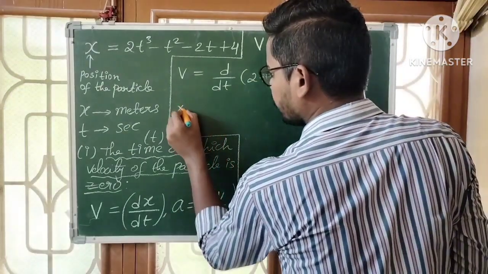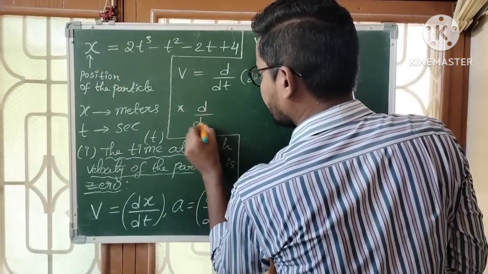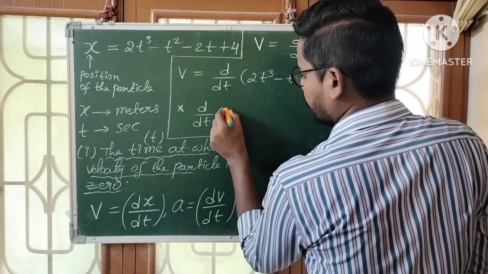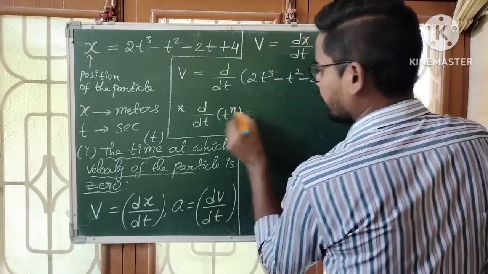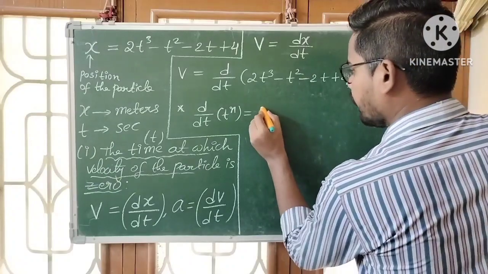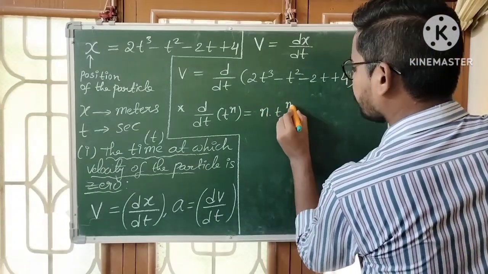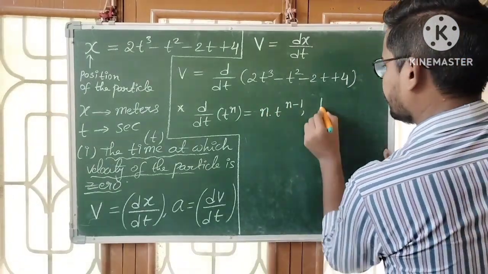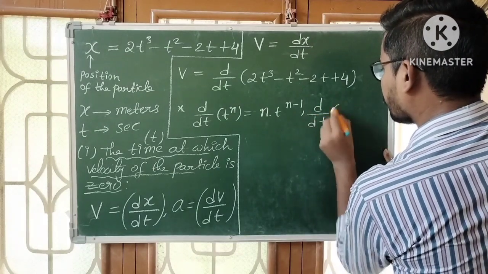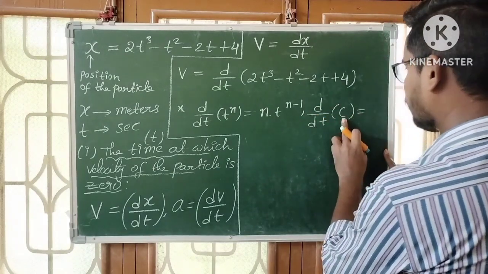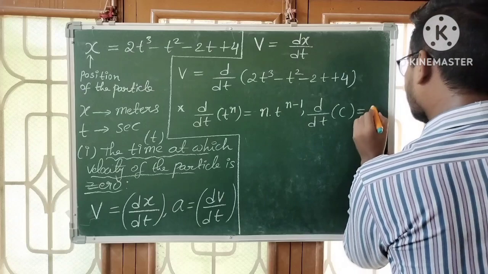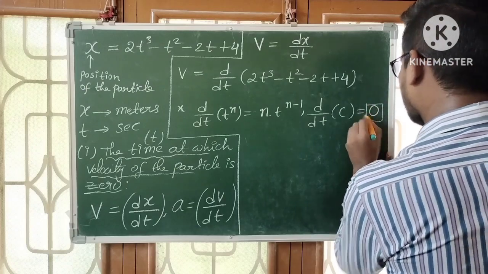In derivatives, very important: d/dt of tⁿ is n tⁿ⁻¹. And next, d/dt of a constant. Here c is a constant, any real number. d/dt of a constant is 0. Okay.